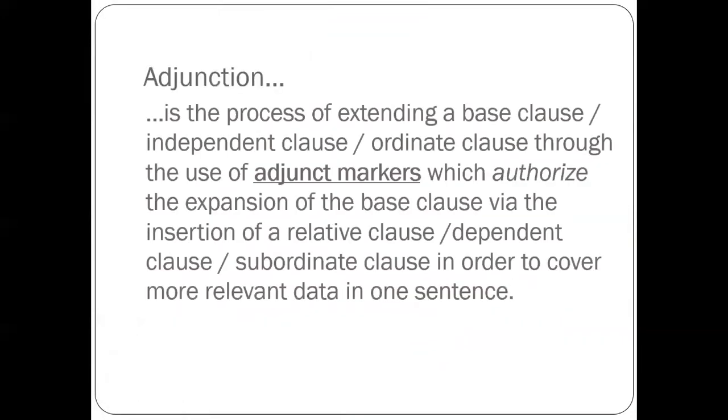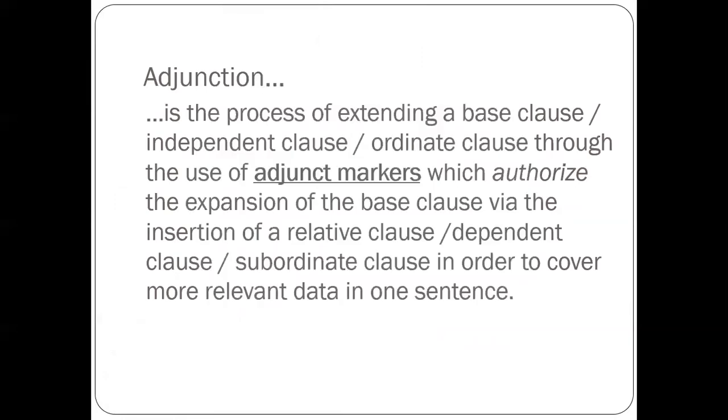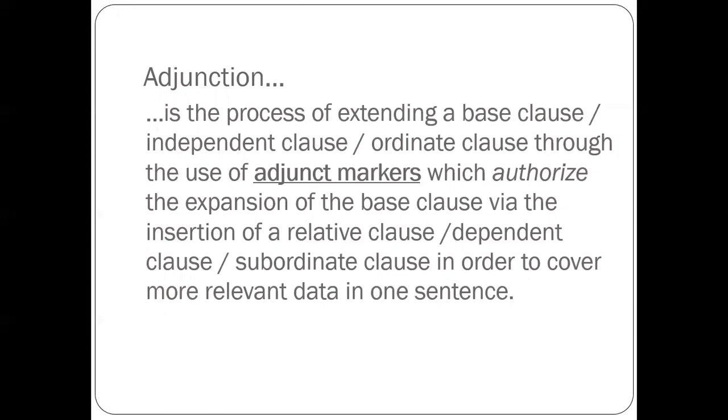Okay, so adjunction is the process of extending a base clause or an independent clause or an ordinate clause through the use of adjunct markers, which authorize the expansion of the base clause via the insertion of a relative clause or a dependent clause, it's the same thing, or subordinate clause, in order to cover more relevant data in one sentence. It's kind of like how people are, right?